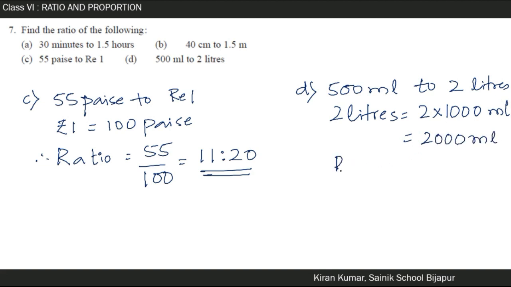So the required ratio will be equal to 500 upon 2000. This will be 5 is to 20. Again, it can be further simplified and we get it as 1 is to 4.